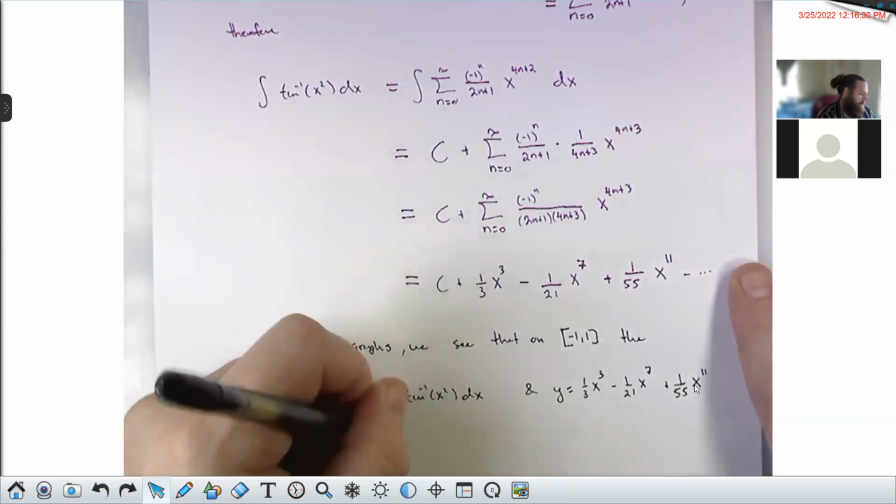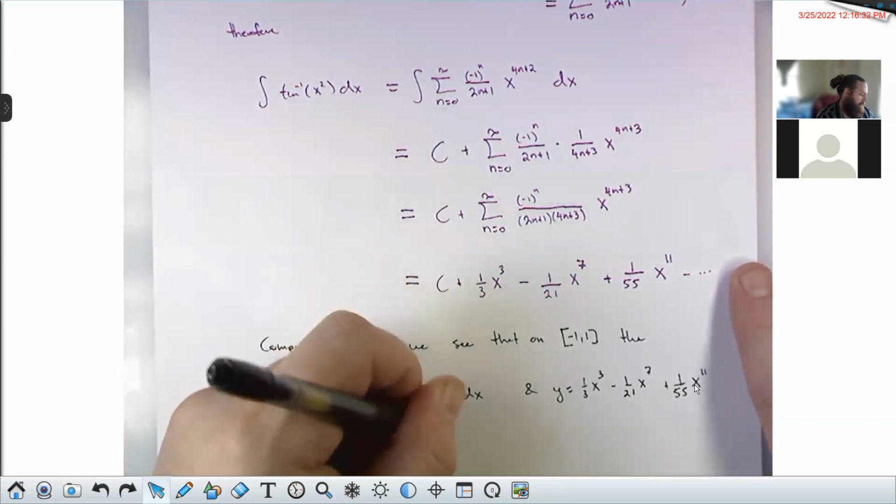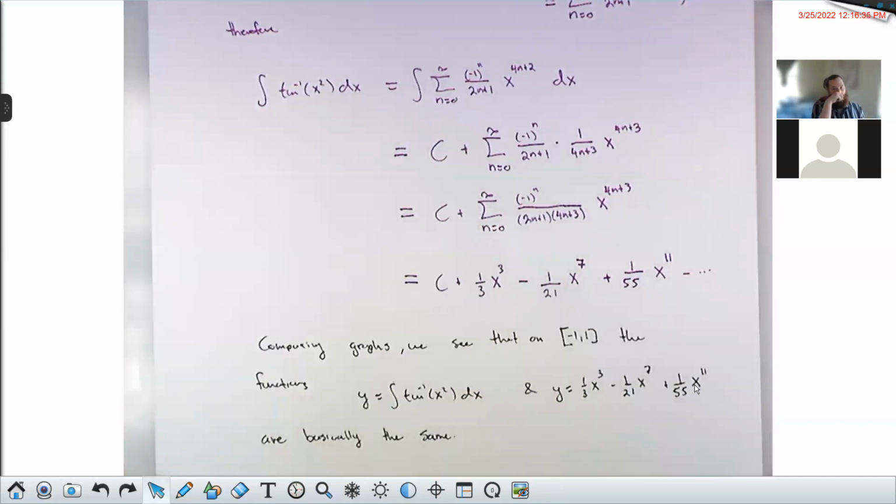Basically the same. And of course, that's what we want, right? This power series is supposed to represent this function exactly. And the first few terms are good enough to get a very, very strong approximation.